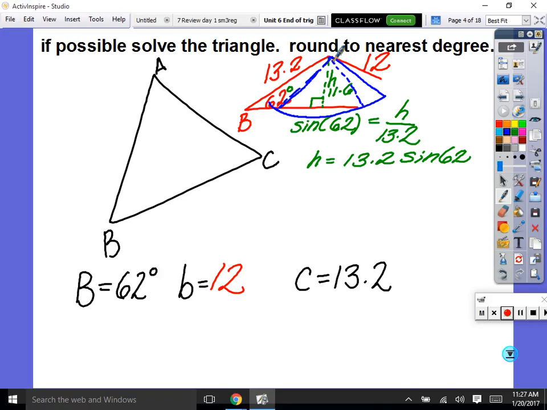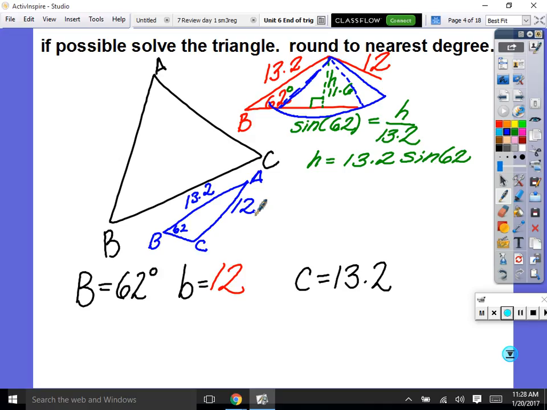Okay, so I want you to go off to the side and draw in both of those new triangles. We have one with an obtuse, and that was angle C. So call it C, B, A, label it, 13.2, 62, I should have written a little bigger so that's not so squished. And then 12, right? Isn't that length 12?